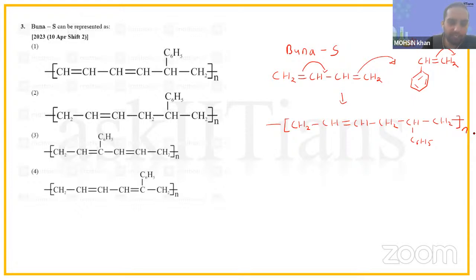This will be the structure. Now you can check from the options which structure is correct. In the first structure we cannot have a double bond on the first carbon, so this is incorrect. The structure we have drawn matches the second structure, so the answer is 2. The other structures are incorrect, so the second structure is the correct answer.